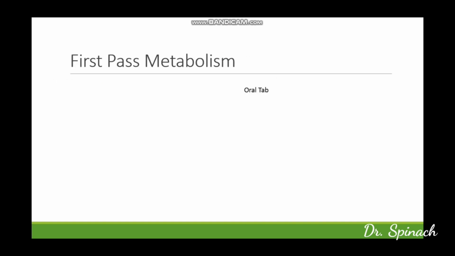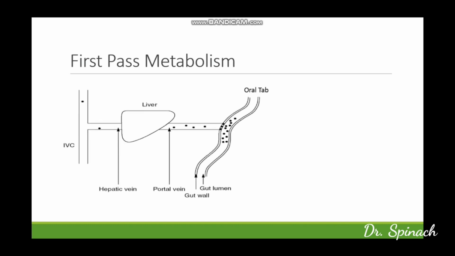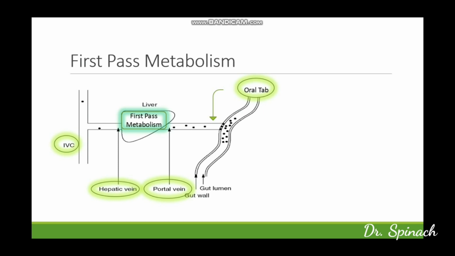The previous slide we mentioned that sublingual route doesn't have first pass metabolism. Now let's understand what is first pass metabolism. When the drug is administered through mouth, that is through oral route, it is absorbed by the GI tract and transported via portal vein to the liver, where it is metabolized, which then reaches the inferior vena cava through hepatic vein and to the systemic circulation through heart.